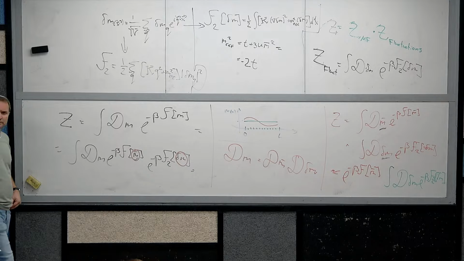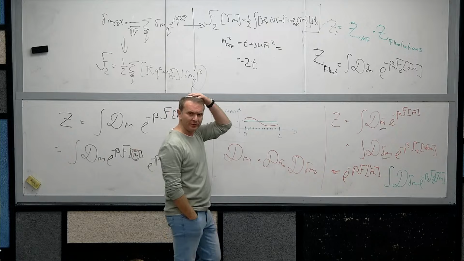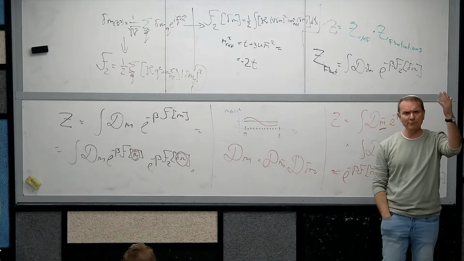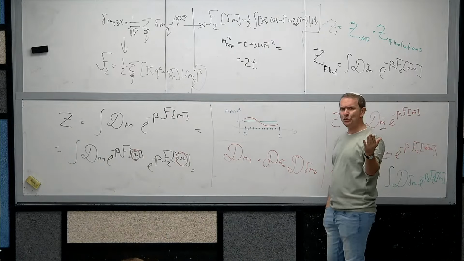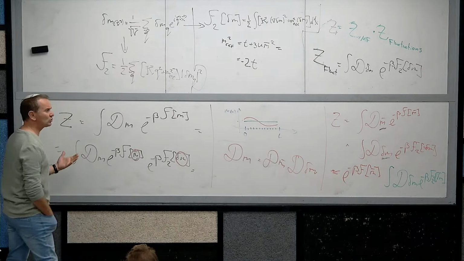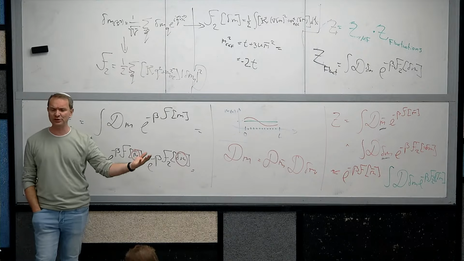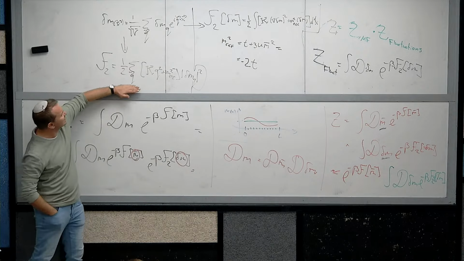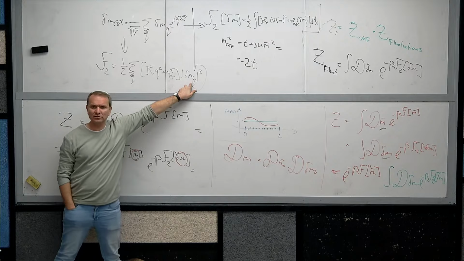Why it's important to use this representation. This is why, in the first place, we took only the second order approximation. Because the moment that we have a second order approximation, if you substitute the Fourier representation, you will always get a quadratic contribution.